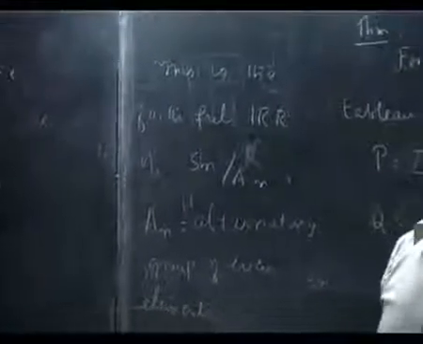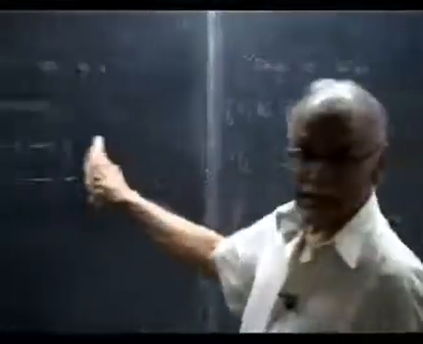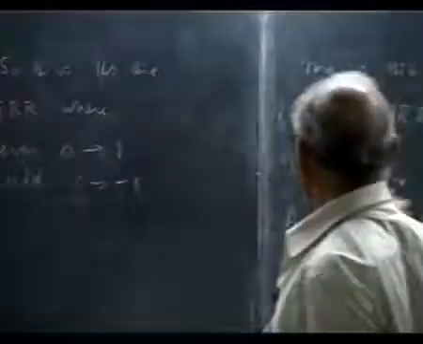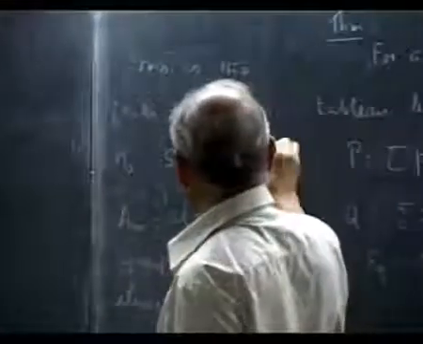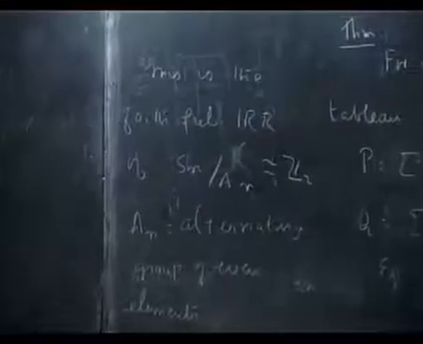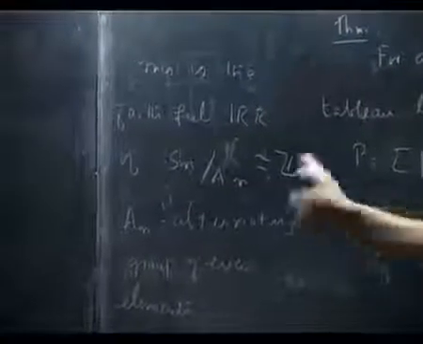So here all the even ones go to 1, odd ones go to -1. So it is a true representation of this quotient group, which is Z2. This we had discussed long ago.